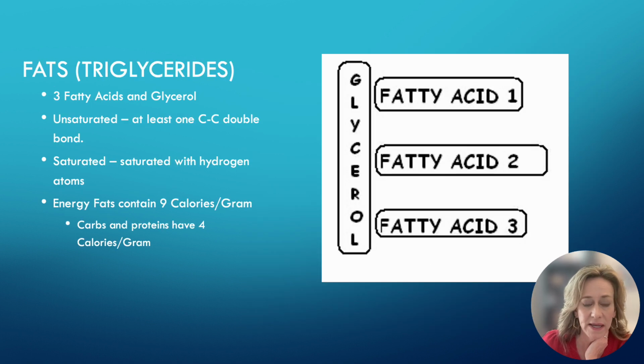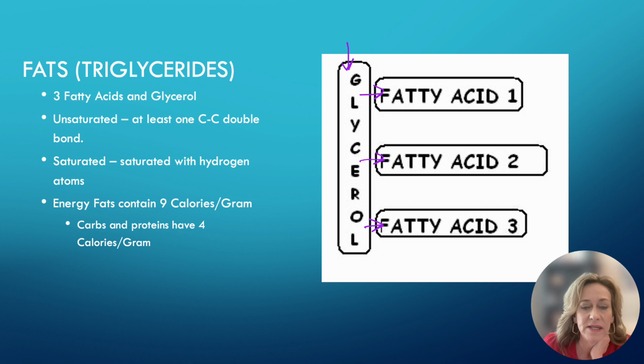So here is a little cartoon illustration of a fat or a triglyceride. I mentioned there is a molecule of glycerol and then 3 fatty acids that are bonded to glycerol. So these fatty acids could be saturated fatty acids, they could be unsaturated fatty acids.